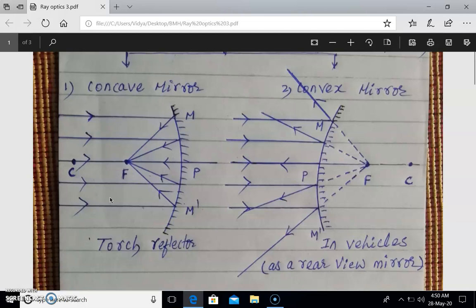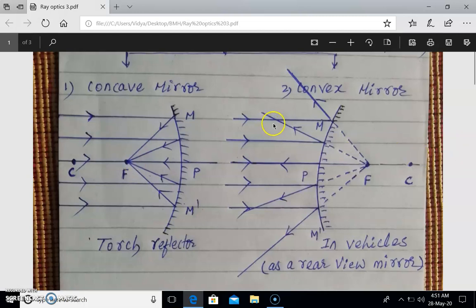When this parallel beam of light, the sunlight we receive on earth, is made to fall on the concave mirror, after reflection all the rays meet at a point on the principal axis called the real focus.